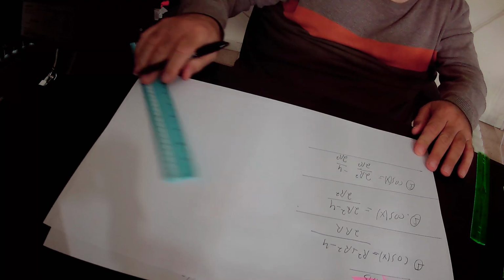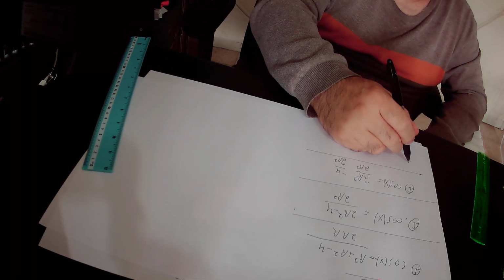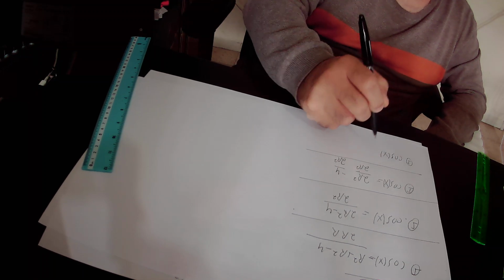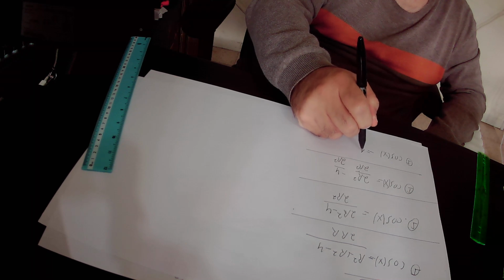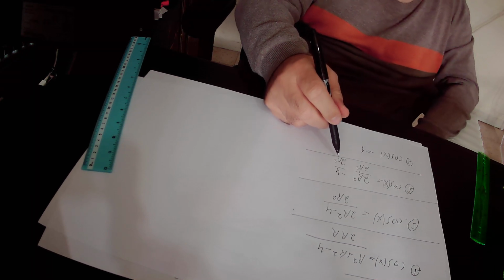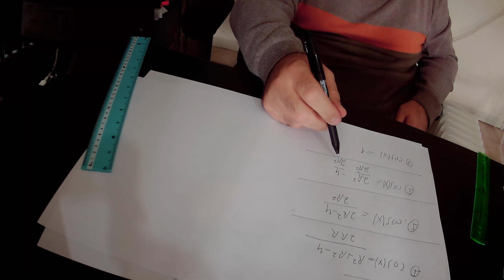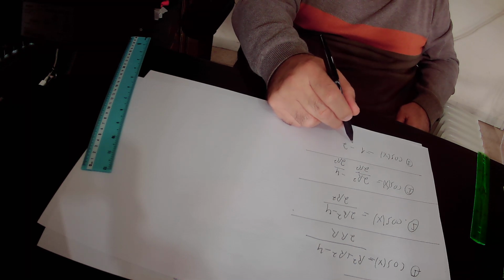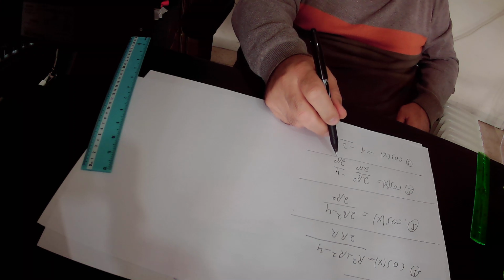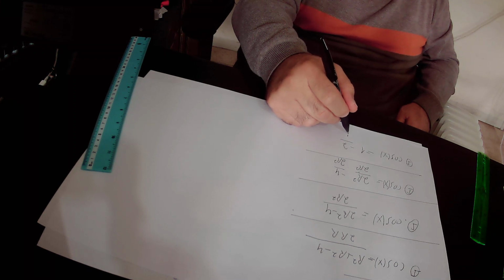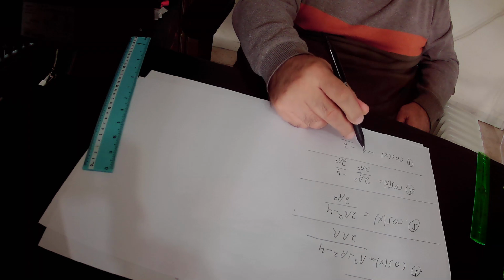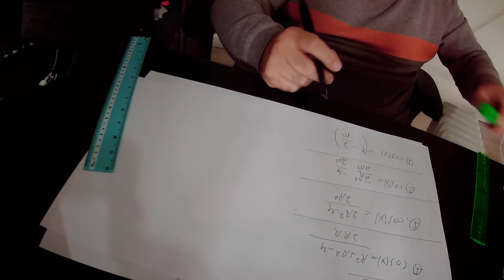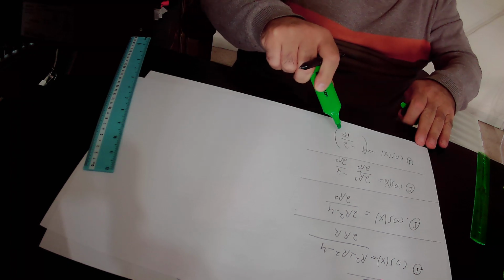So we found out that cosine x equals 2r squared over 2r squared is 1. Here we have minus 4 over 2 is minus 2. So in the numerator we have minus 2, and in the denominator we are left only with r squared. So according to equation number 1, cosine x equals 1 minus 2 over r squared.